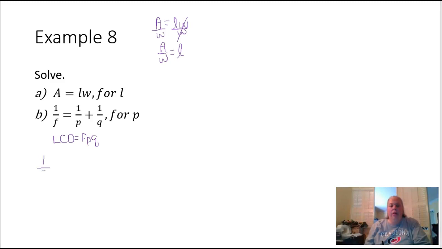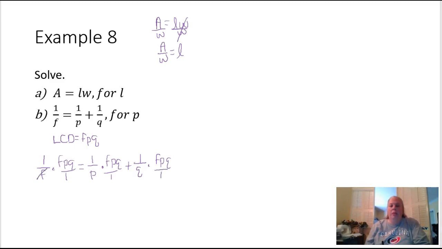So I have 1 over F times FPQ over 1 equal to 1 over P times FPQ over 1 plus 1 over Q times FPQ over 1. All right, and now we'll go back and cancel whatever we can.